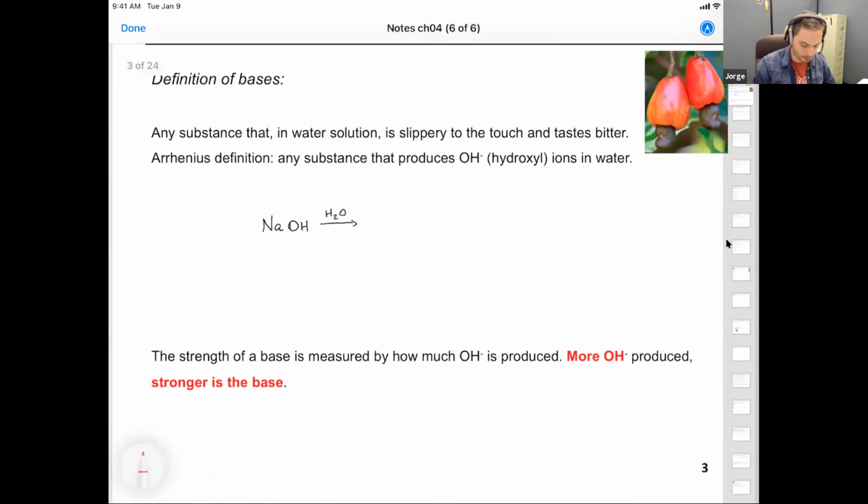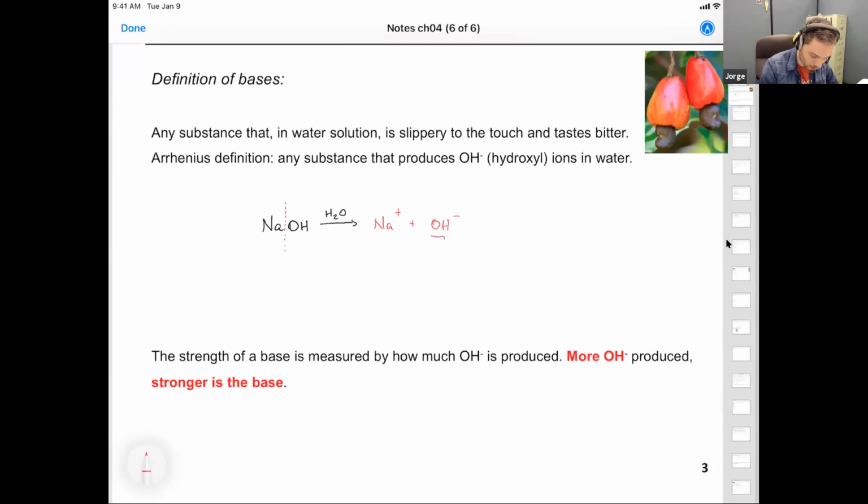What's going to happen when we put the solid in the water is that the ionic bonding between sodium and hydroxyl will break, and that will produce the cation, sodium plus, and the anion, hydroxyl.